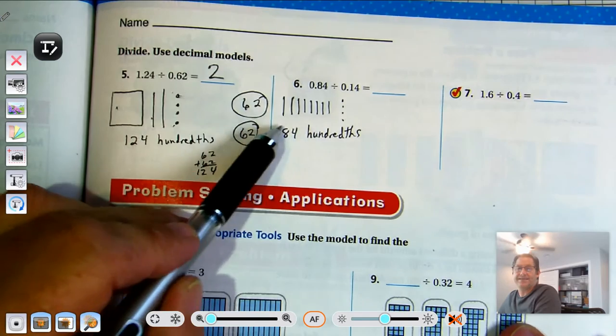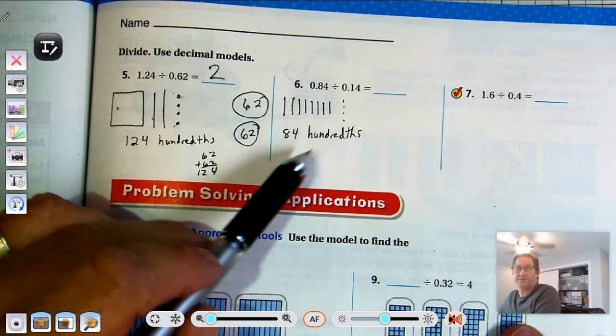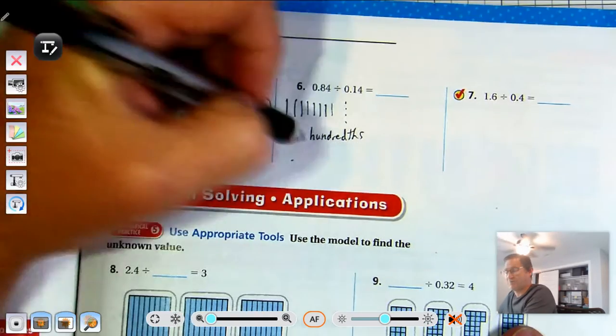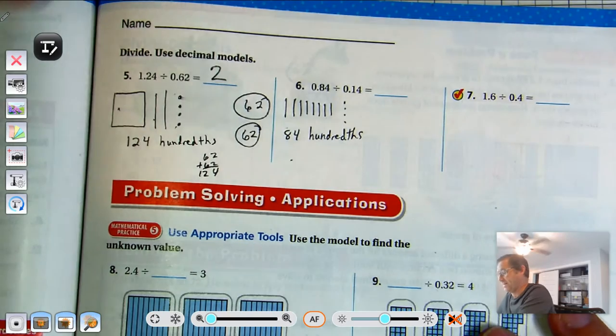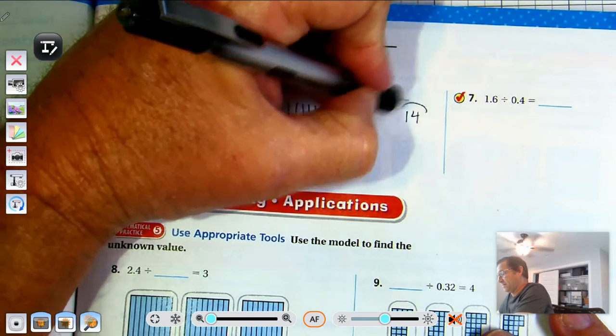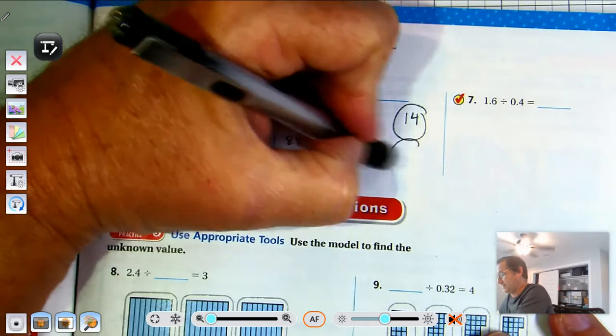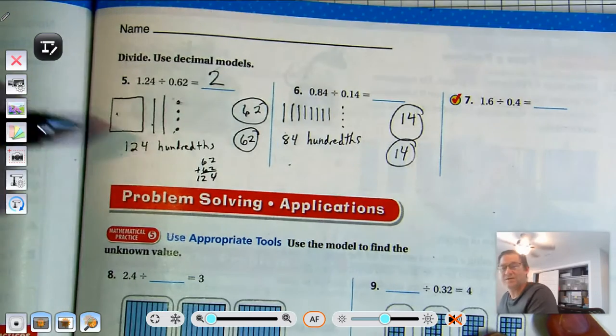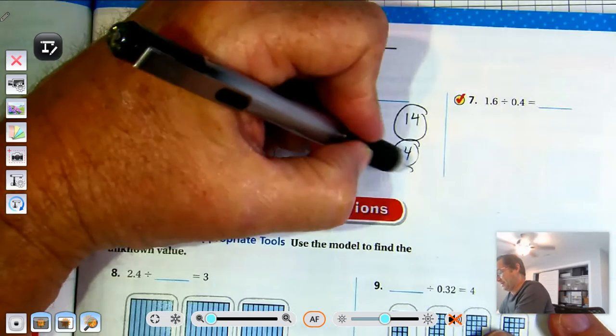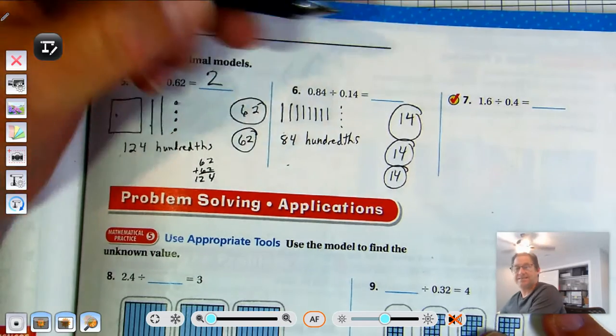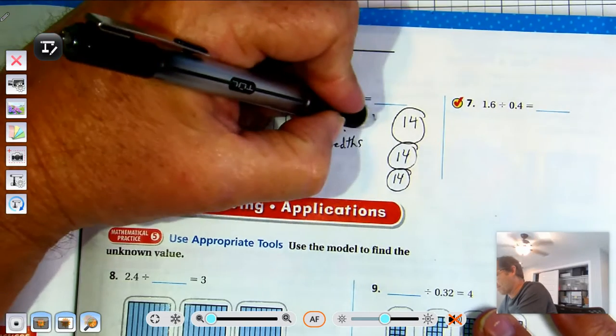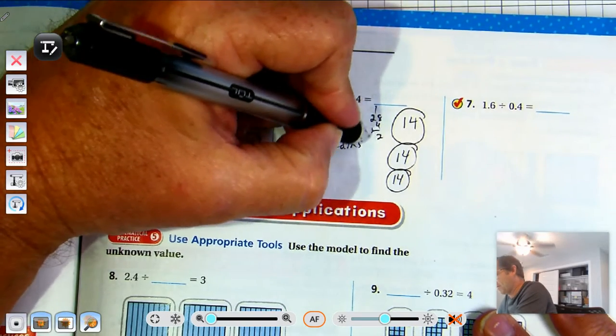Okay, so 8/10 and 4/100 is basically 84/100, and we have to put them in groups of 14/100. So one group of 14, another group of 14, that's 28. 28 and 14, that's 42.